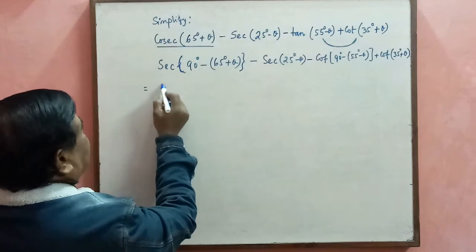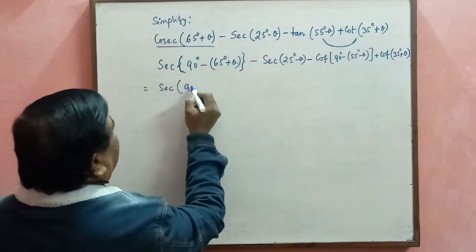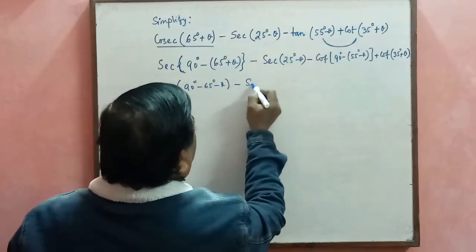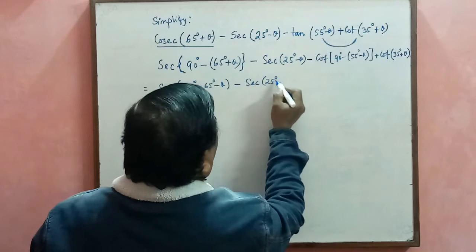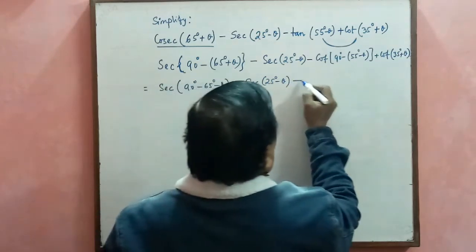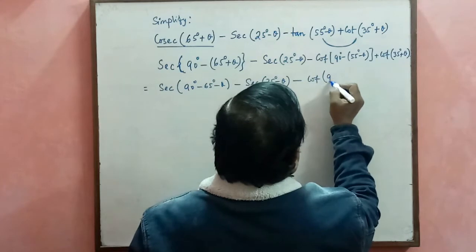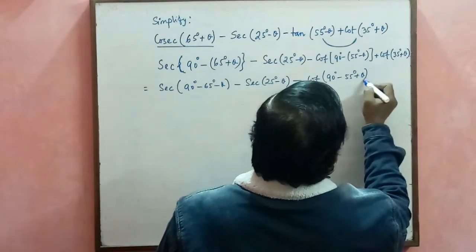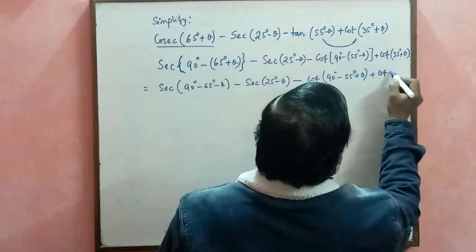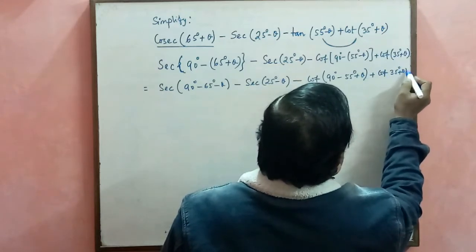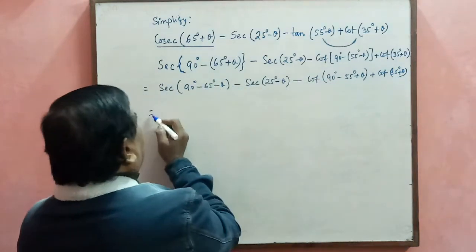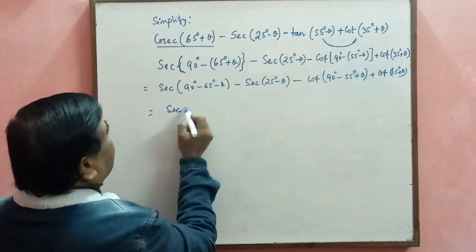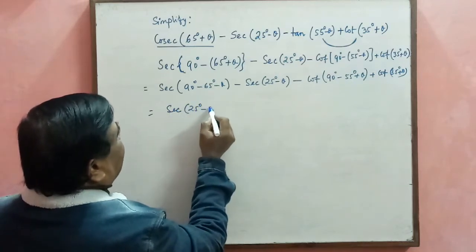Here we have sec 90 degree minus 65 degree minus theta minus sec 25 degree minus theta minus cot 90 degree minus 55 plus theta plus cot 35 degree plus theta. You see here, this is 25 degree, sec 25 degree minus theta.